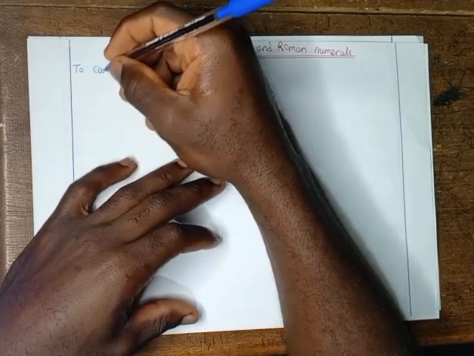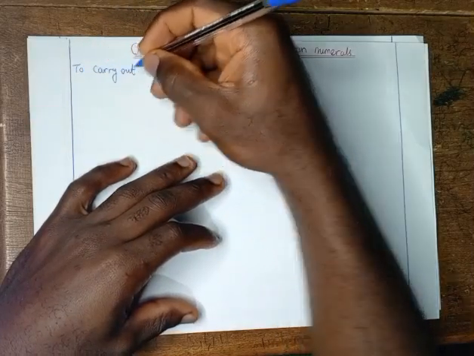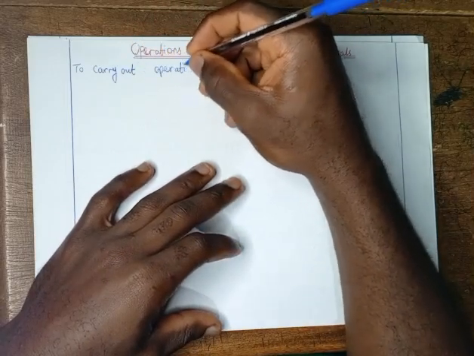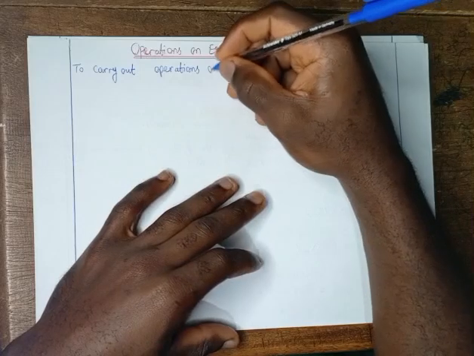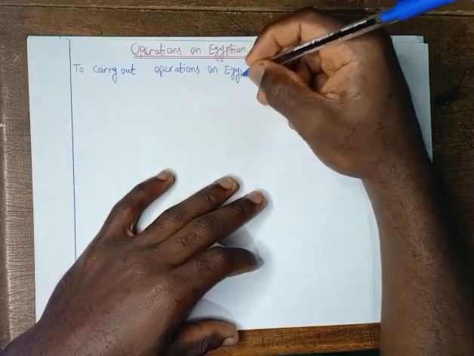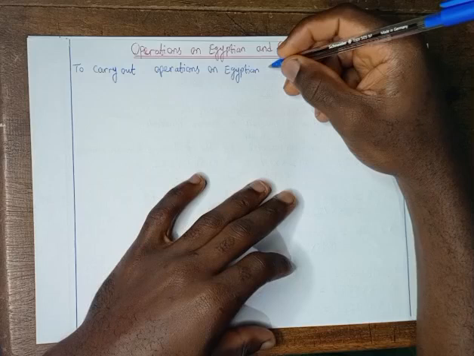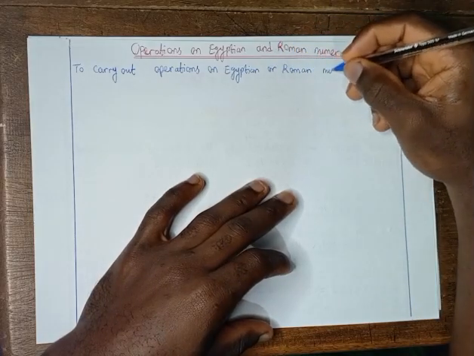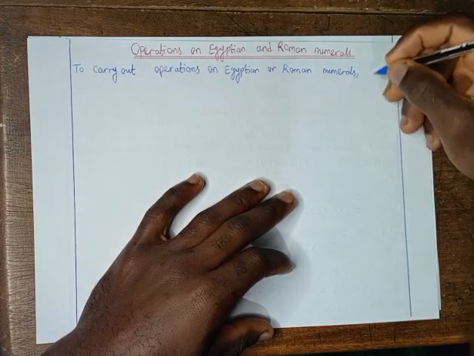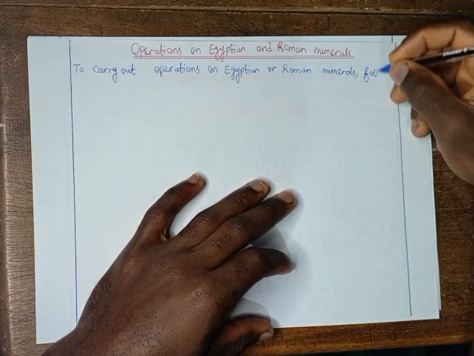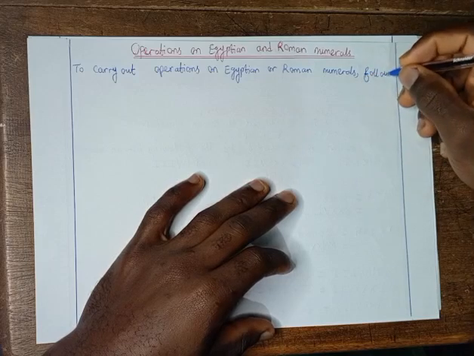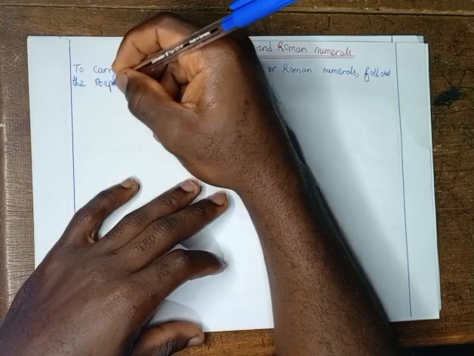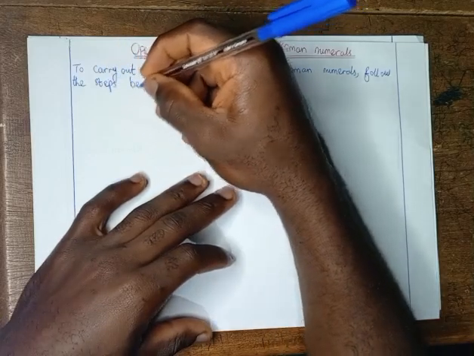To carry out operations on Egyptian or Roman numerals, follow the steps below.